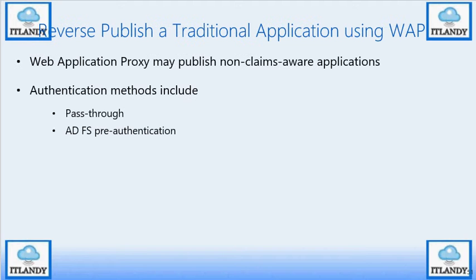Let's have a look at what we got there. We spoke earlier in part 4 about reverse proxy with WAP for ADFS and for pass-through. Again, here we're going to publish traditional application using WAP.